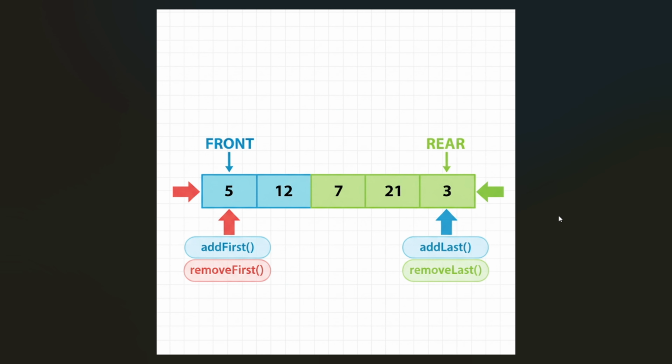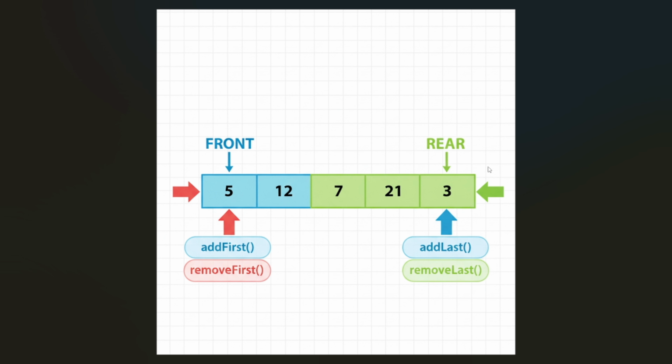Imagine a line where you can add or remove people from both ends. In this deque, we have the numbers 5, 12, 7, 21 and 3. At the front, you can add a new element using addFirst or remove the first element using removeFirst.